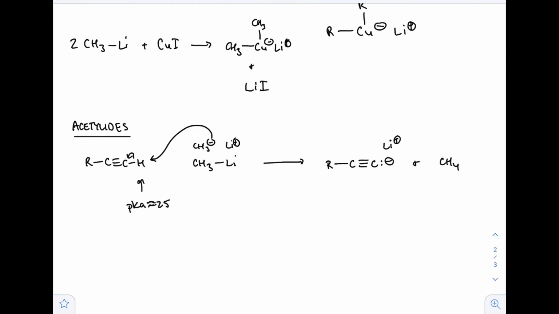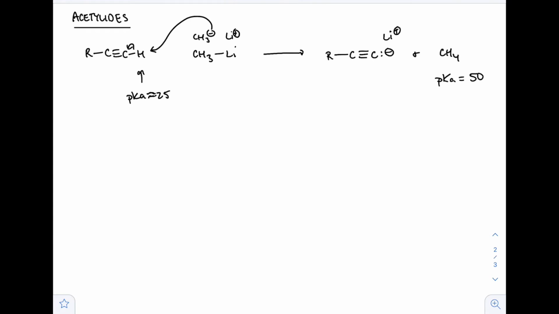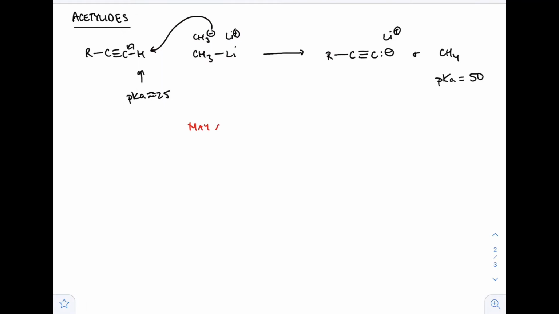And so what it's going to do is rip off that proton. And that's actually what a lot of organolithium reagents are useful for, like butyllithium, really strong base, just swoops on acidic protons left and right. Okay, and then I wrote the pKa's for you just so you know that you always form the weakest acid and weakest base. And so that's how we're forming acetylides.